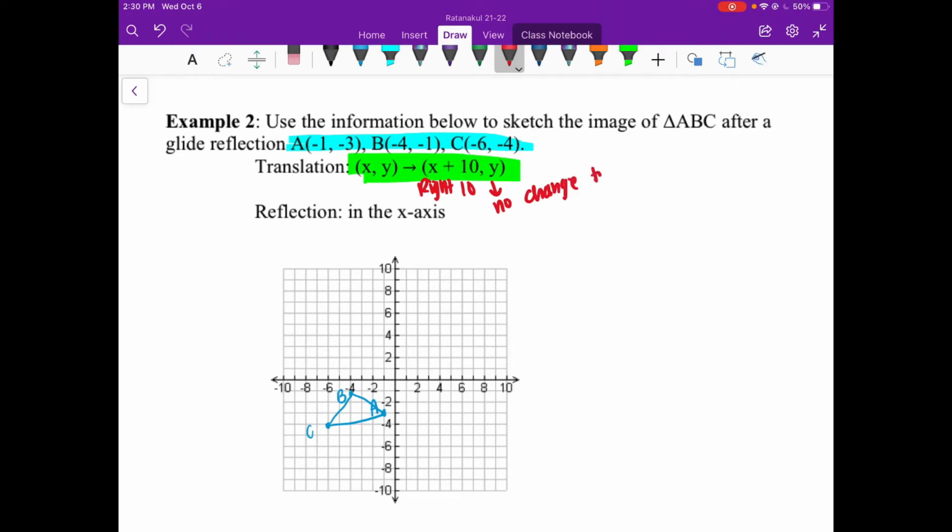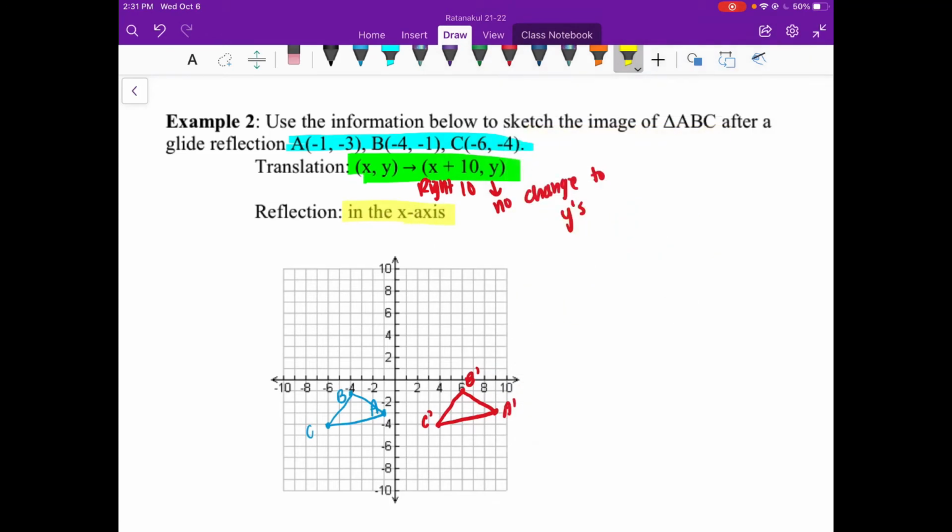And again, nothing with the y's. So we're moving right 10, and we're going to label it with a prime. So right 10 should look something like this.